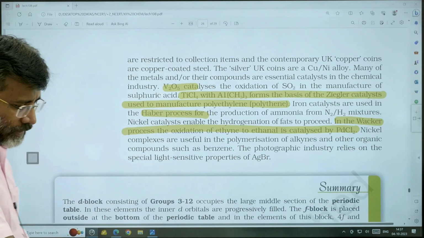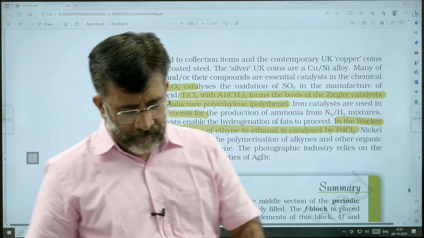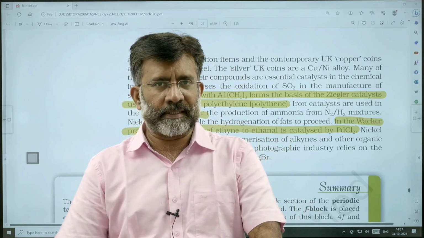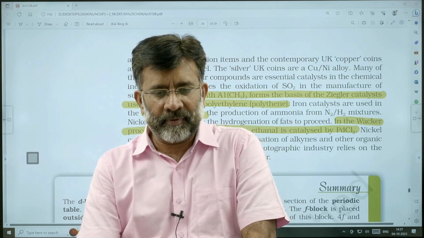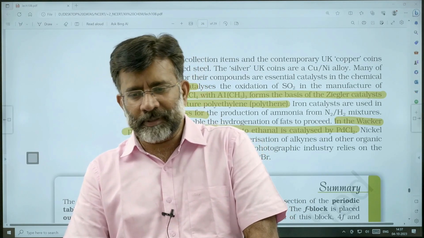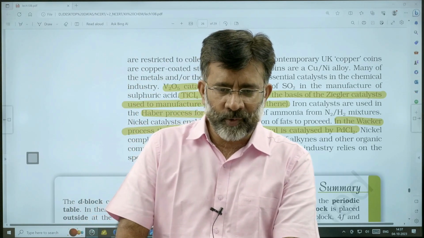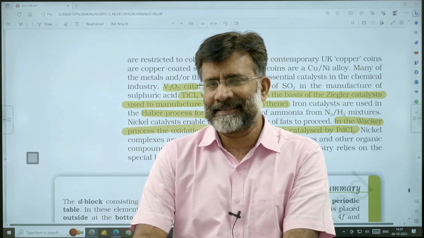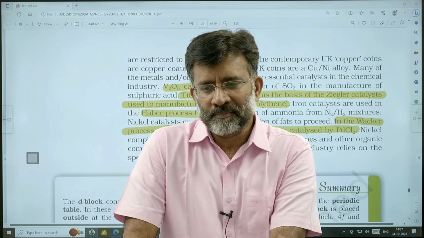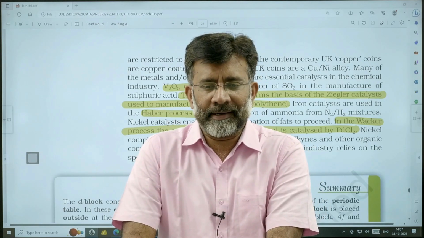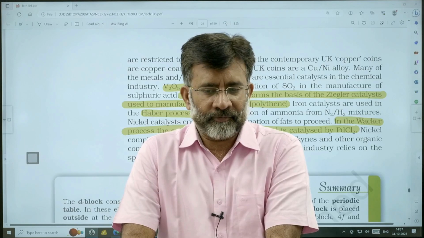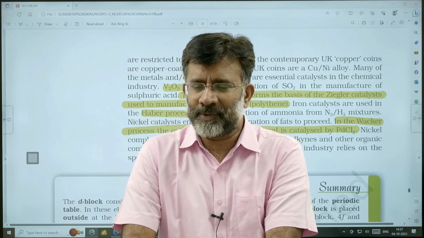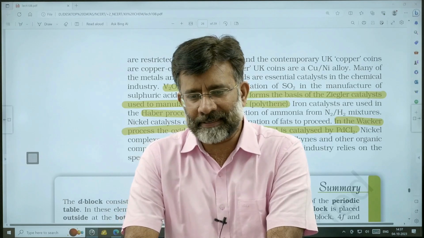That's all. And there we conclude one of the important chapters from the 12th standard area, d and f block elements. When you go through the NCERT also, the linguistic representation of NCERT has a slight bit of the traditional NCERT language. So we have to read the lines carefully. Sometimes we have to think in between the lines or behind the lines also to understand the concept perfectly.